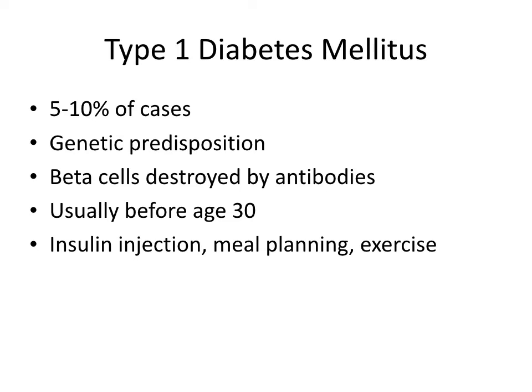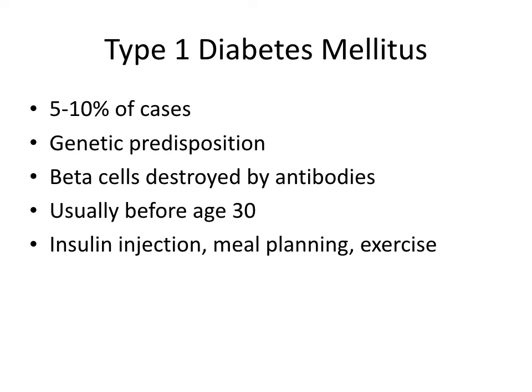And normally, if you have this genetic predisposition, the diabetes mellitus develops after contracting certain types of infections. Now, what happens is the beta cells within the islet are actually destroyed by autoantibodies. These are antibodies produced by your lymphoid system that are attacking healthy body cells. So your lymphoid system basically demolishes your beta cells.